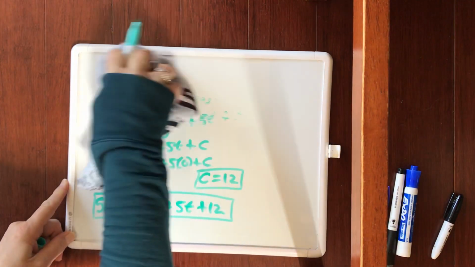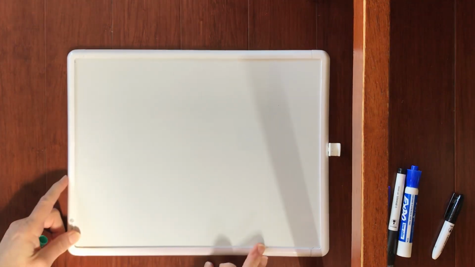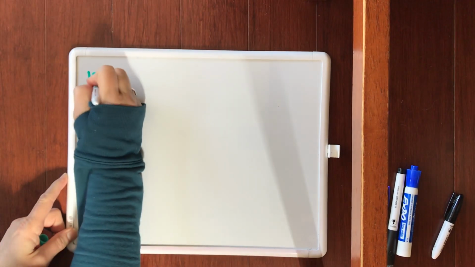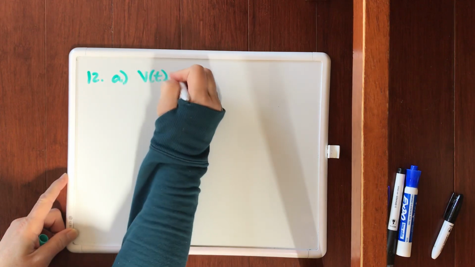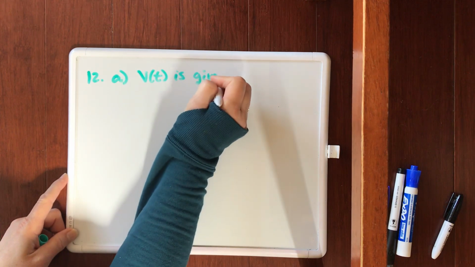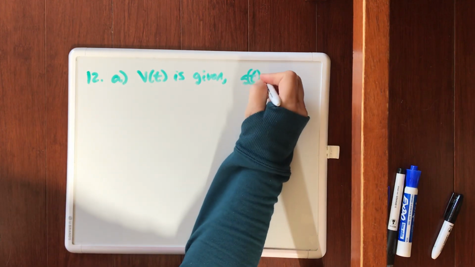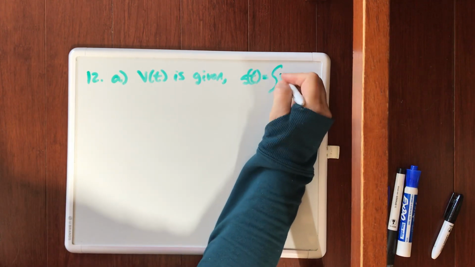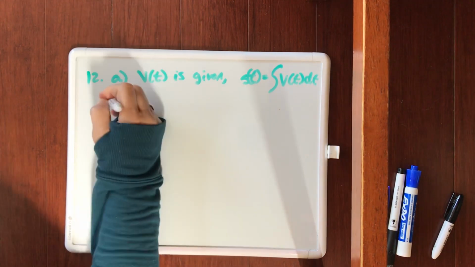Okay, I'm going to give you a couple more hints for the homework, and that is for number 12, A, v of t is given. So s of t is going to equal the integral of v of t. That's kind of what we just worked with.